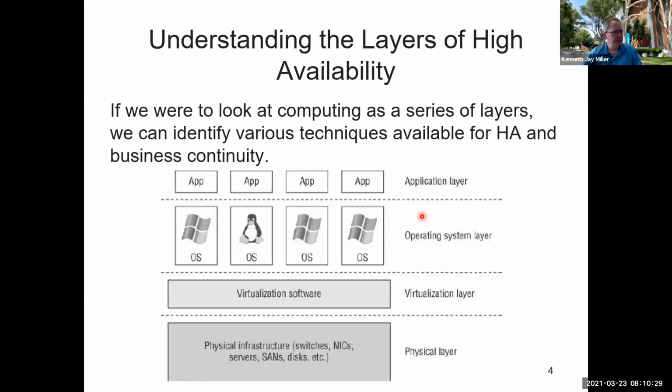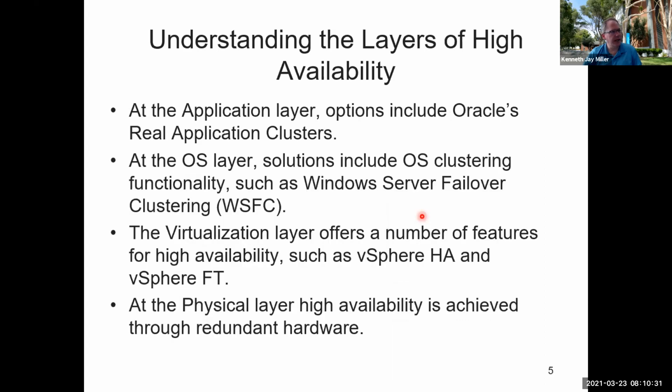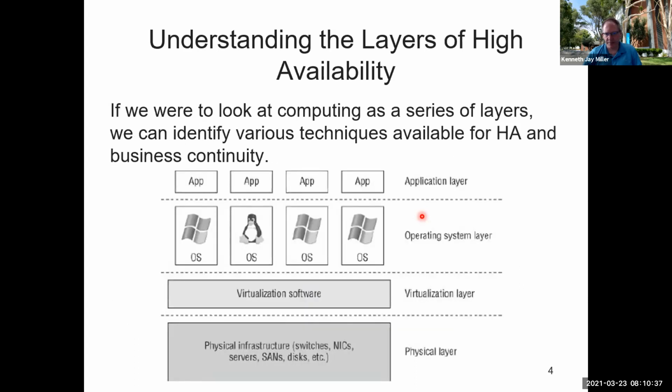Okay, so when we look at the top layer, the application layer, there are programs, like Oracle has a program which is called Real Application Clusters, where you can install Oracle's application on different virtual machines.